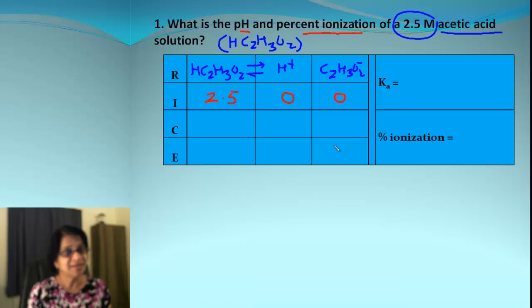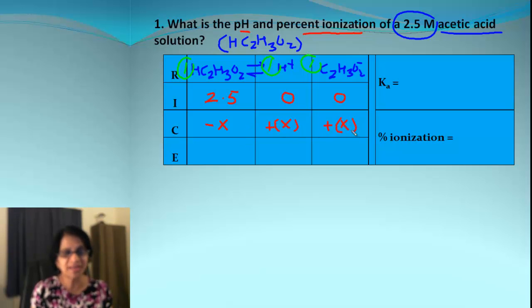Now remember, a weak acid or base is going to ionize partially. So let's say X is the amount which is ionizing. How much are we going to get for each ion? If you look at the mole ratio, the ratio is 1:1:1. That means if we have X moles dissociating, we are going to find X moles of each of the ions.